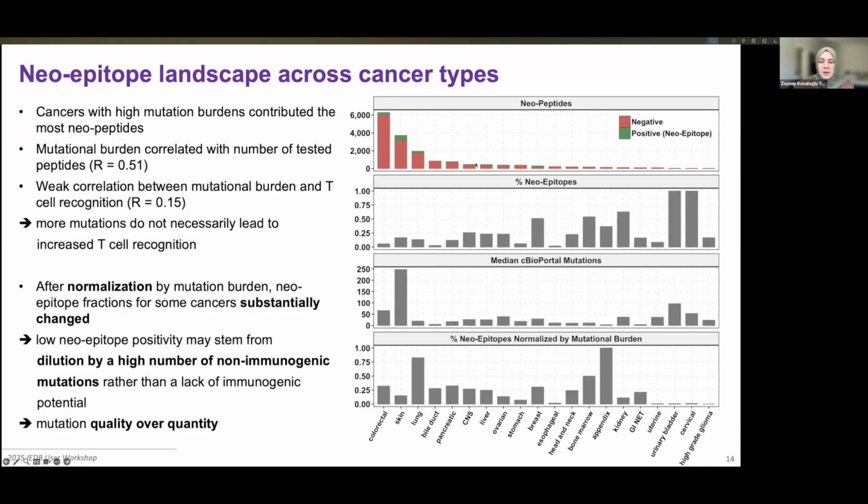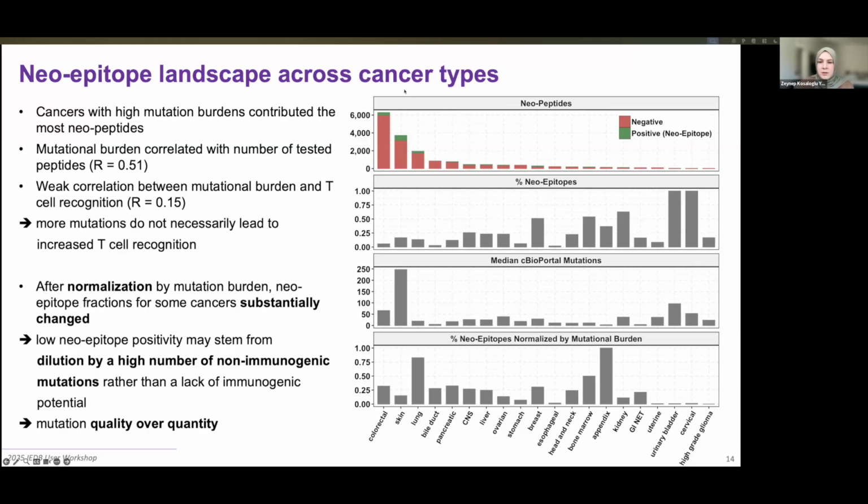So as I expected, cancers that are known to have a high mutational burden, like colorectal cancer, skin cancer, and lung cancer, dominated the data set. They have the most peptides reported. But when we look at the percentage of peptides that were actually recognized by T cells, so the green parts of these bars, the picture is a bit more nuanced.